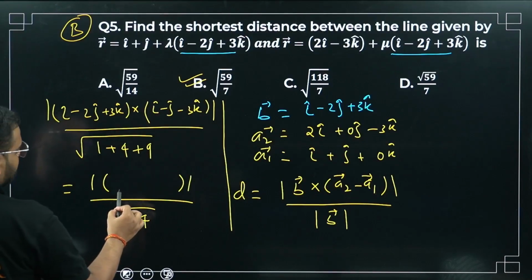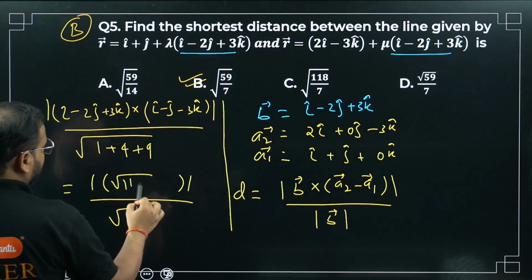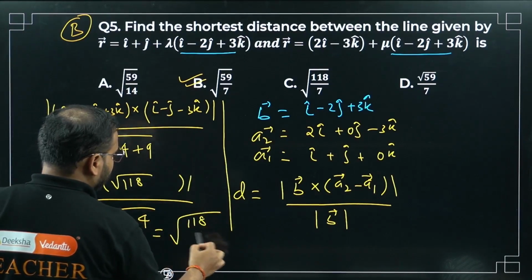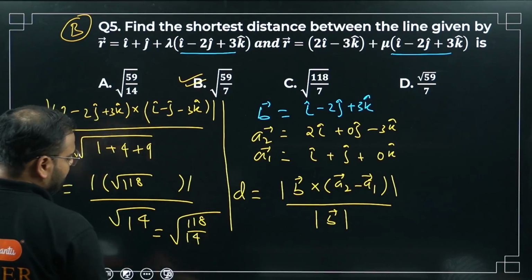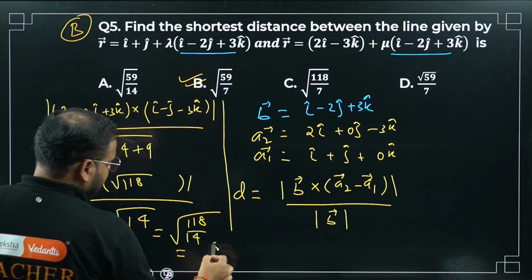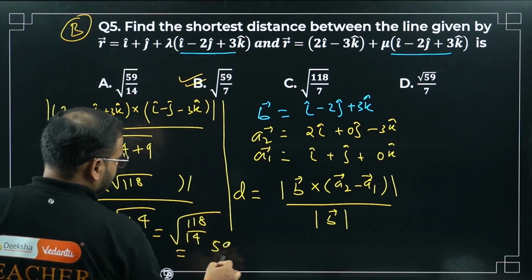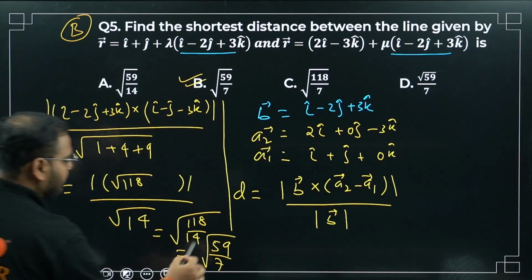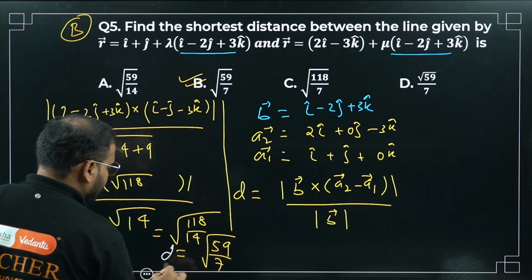I'm getting root of 118 here again. I can write this as root of 118 by 14. Divide by 2, sir. 2 fives are 10, 2 nines are 18, and 2 sevens are 14. What is the answer? This is what I said, right? Please check. This is the answer for D.